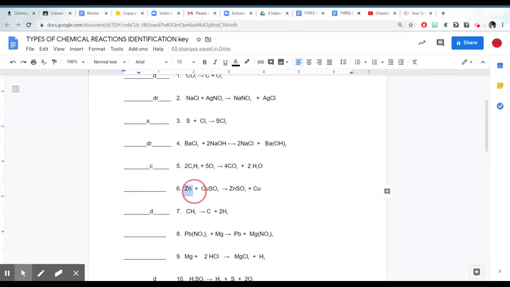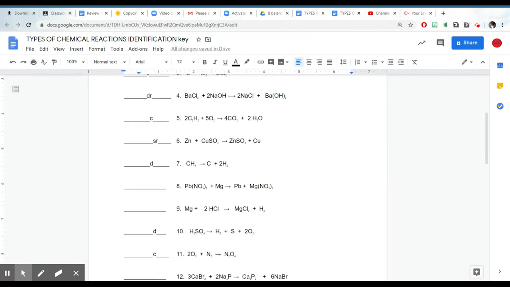Here I have a single element plus a compound, and that happens on both sides, which makes it a single replacement. Here I have a compound, and here's my single type of element, single replacement. Here's my single with a compound. And again, single and a compound on the other side.